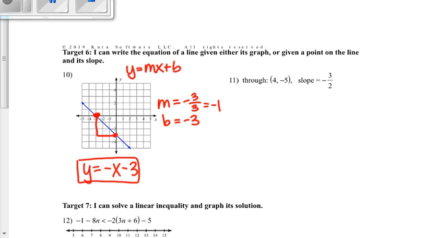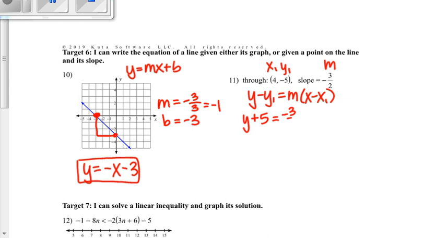For this one, it gives us a point and a slope, so I'm going to use point-slope form. So I'm going to remind you of what that is. So remember, this point is x1, y1, slope is m, and I'm just going to fill in that information. So I have y minus a negative 5, so that's going to become plus. The slope is negative 3/2 times x minus x1, which is 4.